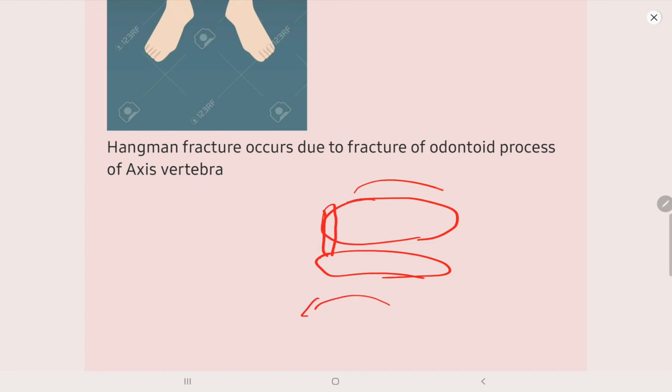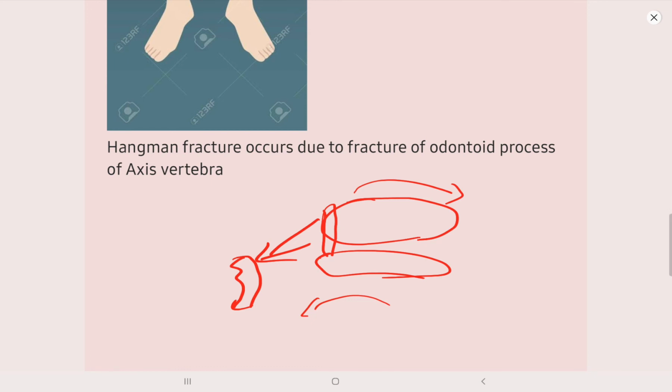When the axis moves forward, the pressure on the dens part makes the dens fracture. I hope you have understood that.